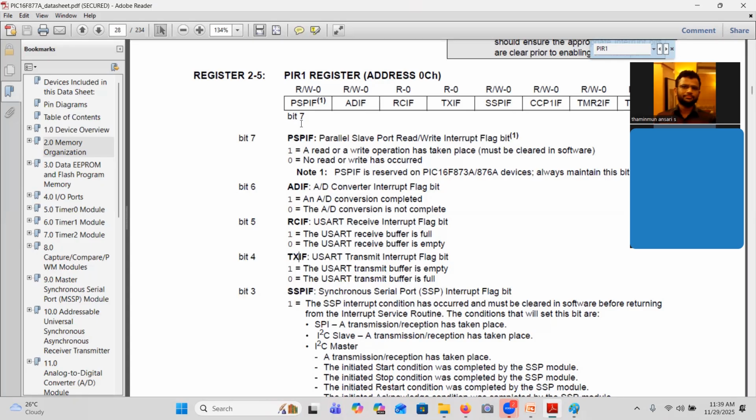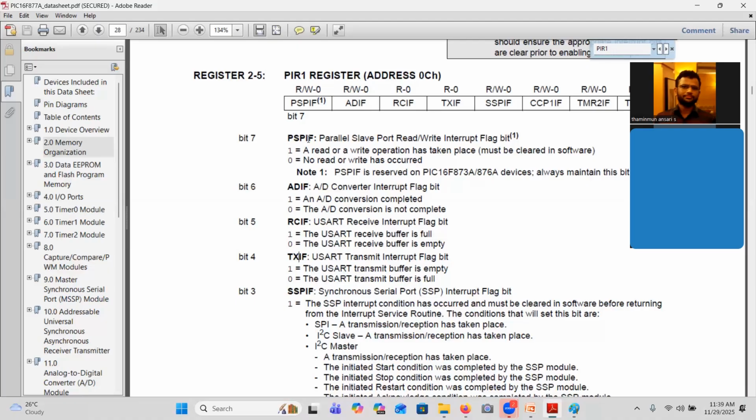If I successfully transferred H, I will get this bit as 1. Otherwise, if it is still shifting and not yet received by the LCD, this bit will still be 0. Make sense?